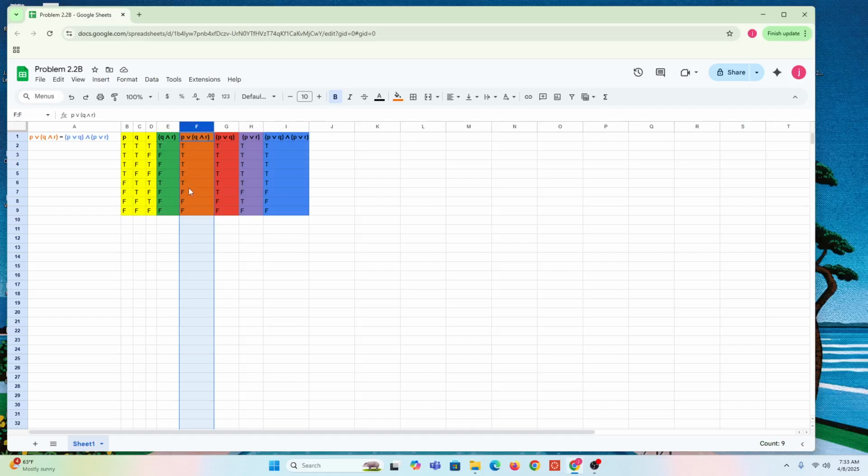So 5 true, 3 false, 5 true, 3 false, and because the truth values are exactly the same for each half, we know that they are equivalent. So the orange half is equivalent to the blue half. And that is how I did that.